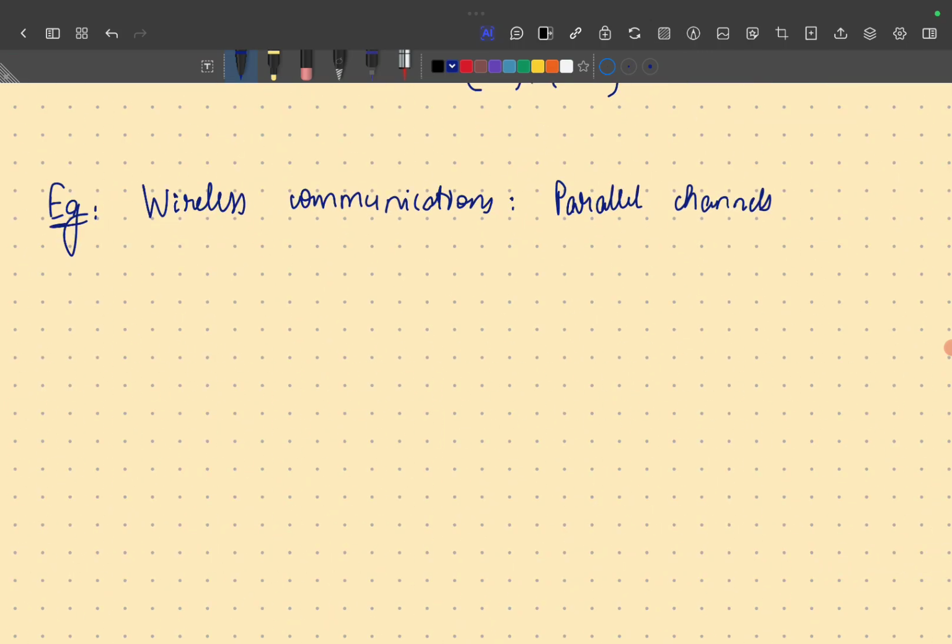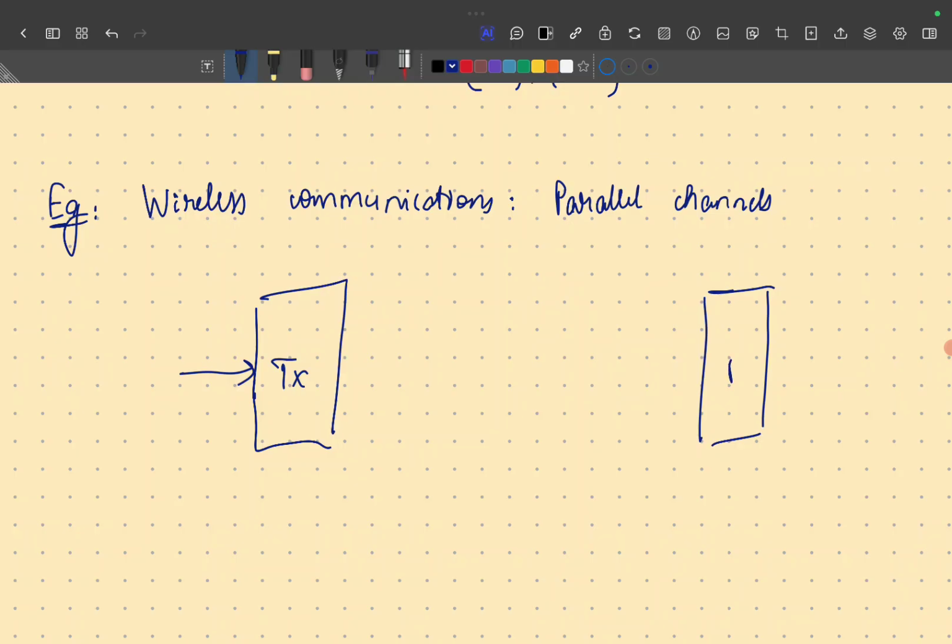So the problem is the following. I have a transmitter. The goal of the transmitter is to send a message to a receiver. So there's some message, let me call it M, which is a sequence of bits.